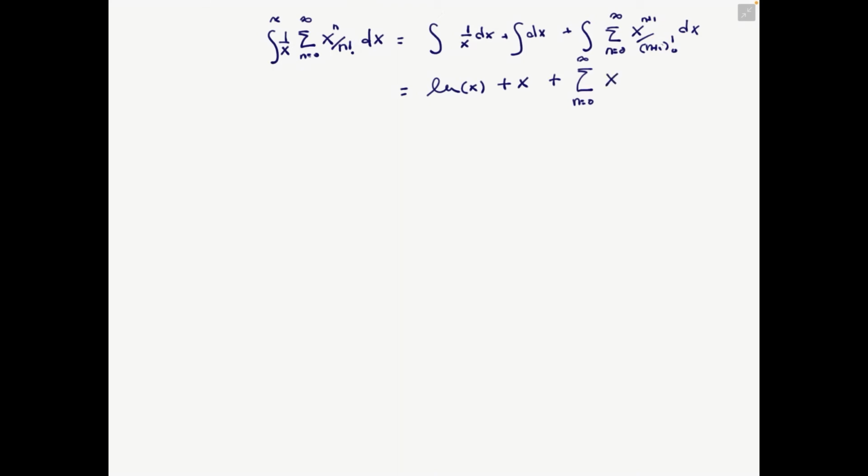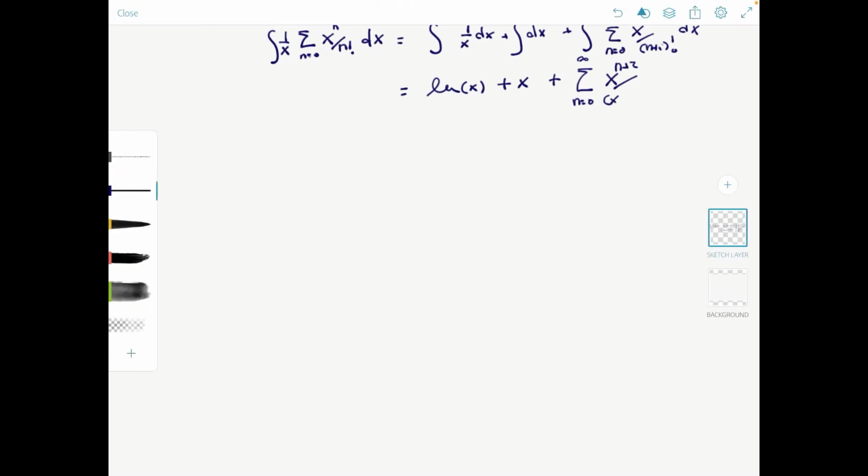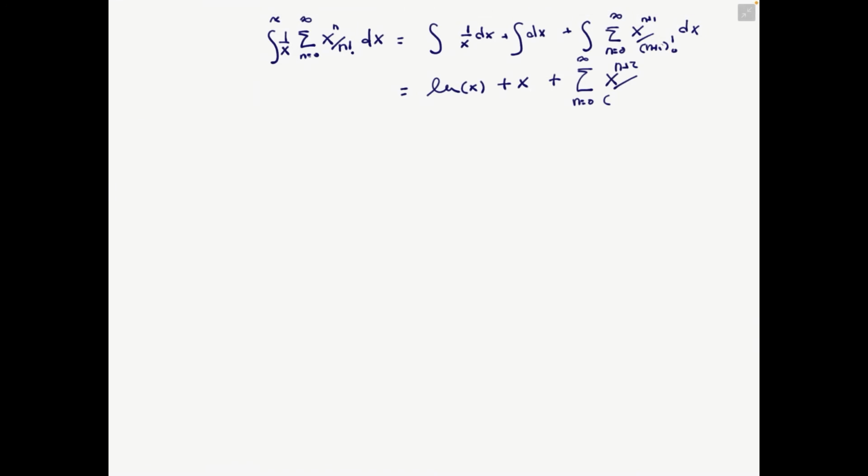And then I think this is the solution. Something like that. And if you go to Wikipedia, you'll see that one of the solutions is in that form.